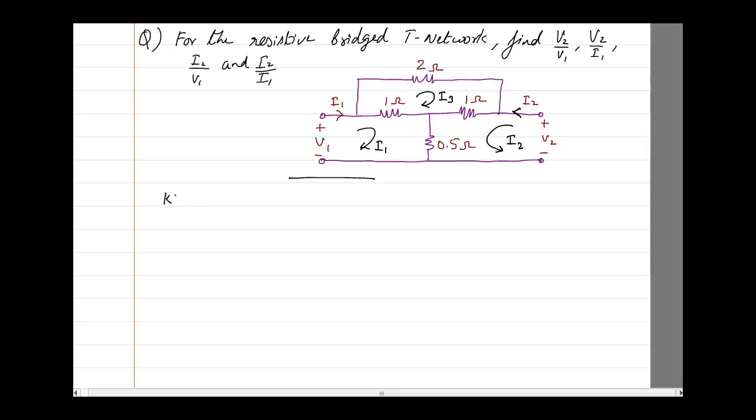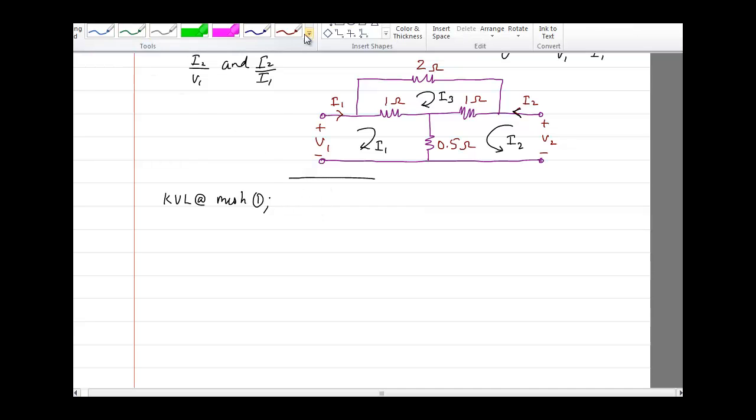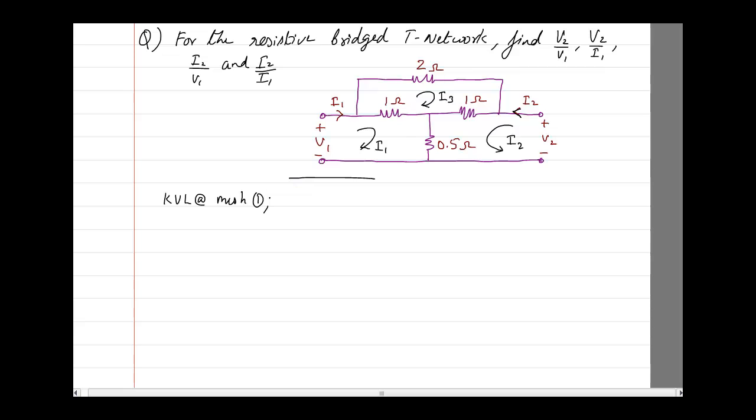So KVL analysis, KVL at mesh 1. KVL at mesh 1 will give me what? Let me use a different color, let me use blue. V1, and the current is going like this, so this is going to be plus minus, this is also going to be plus minus.